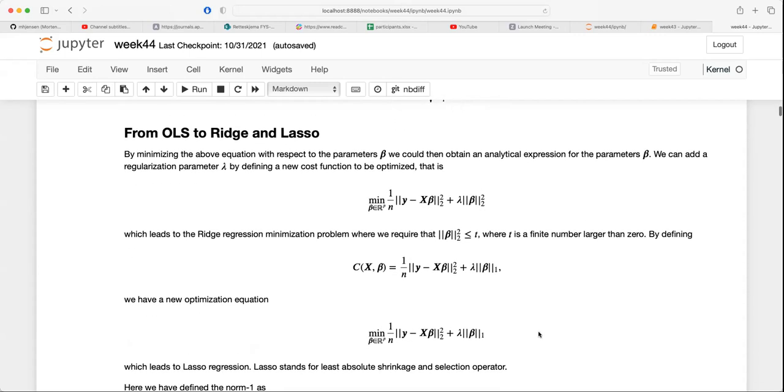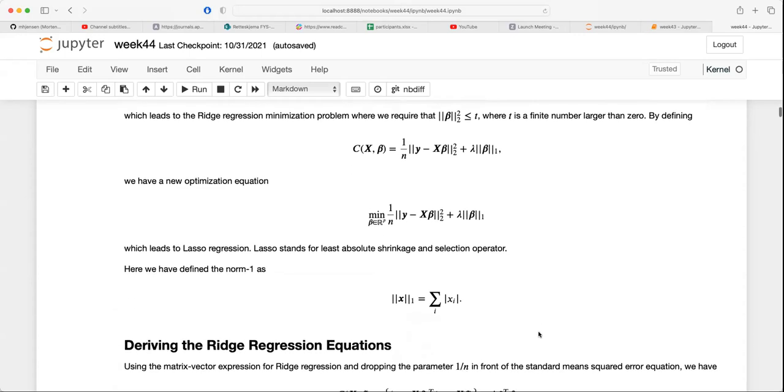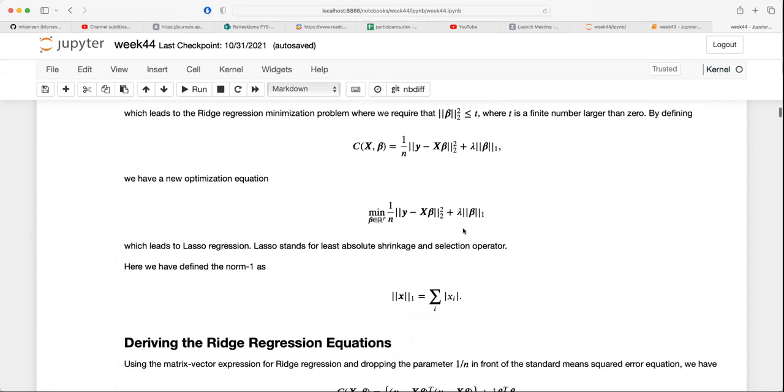And then the other method is something which is called lasso regression. With lasso regression, when we take the derivative of the cost function with respect to beta, we have to introduce an if test. And we cannot extract a simple analytical expression for the unknown parameters beta, as we did with ridge regression and ordinary least squares.